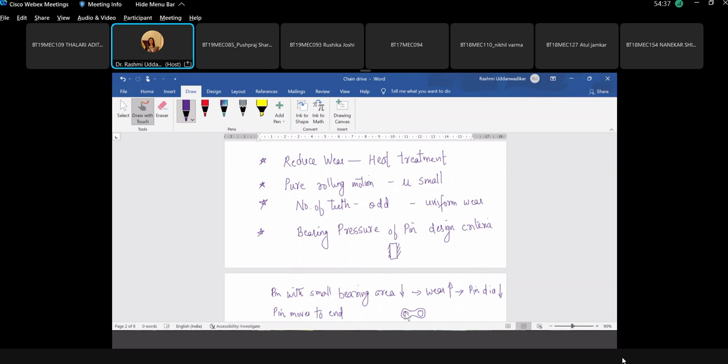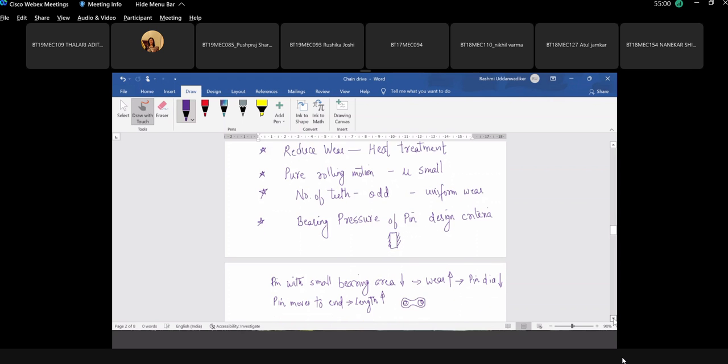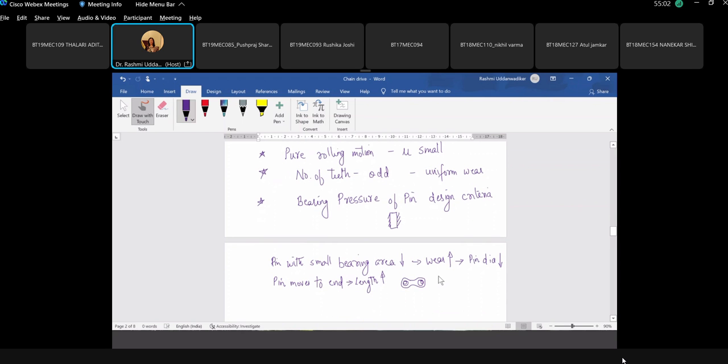But since the pin's diameter has reduced, this pin is here and this pin is here. And so the two links are getting away from each other, or we say the length increases. Increase in length is the failure. This leads to failure.